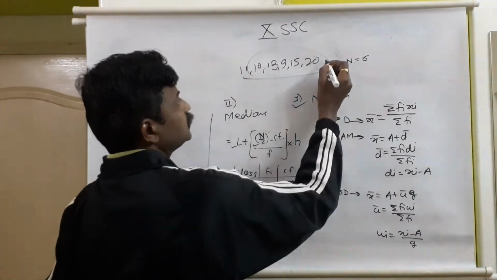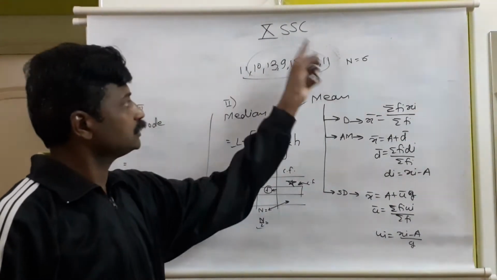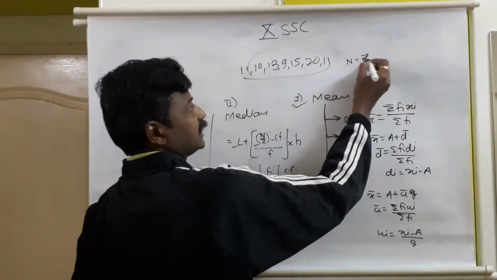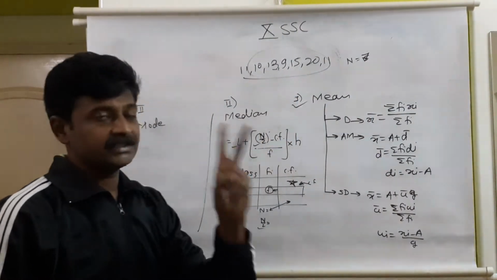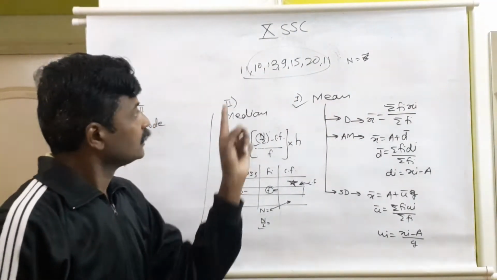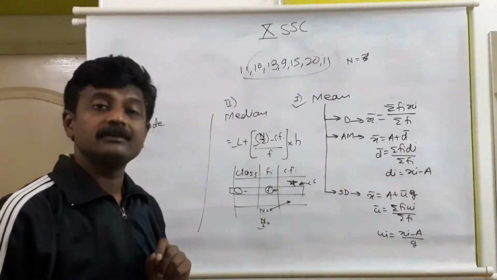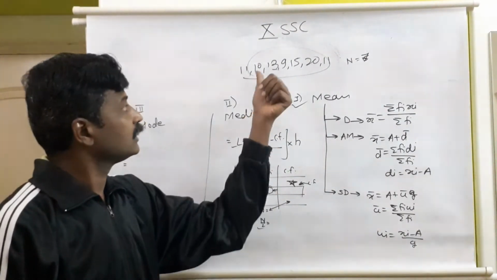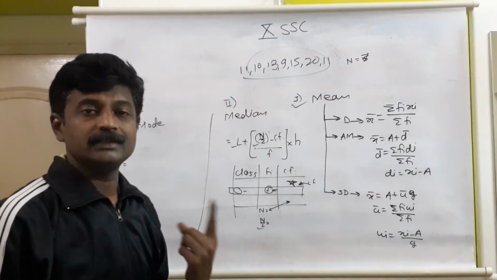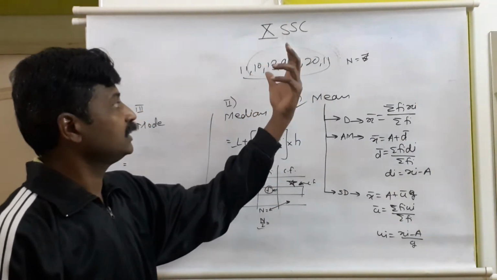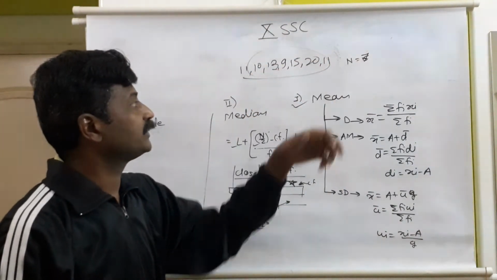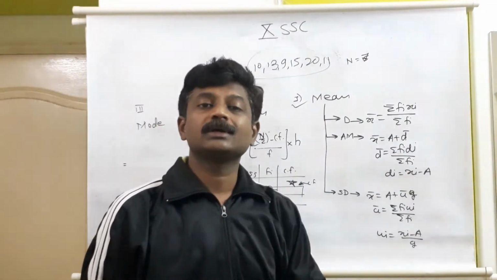For example, suppose 11 is there again, so the number of observations is 7 and 11 occurs twice, so the frequency of 11 will be 2. 10 occurs once, so the frequency of 10 is 1, of 13 is 1, of 9 is 1, and of 15 is 1, if we convert them into tabular form.